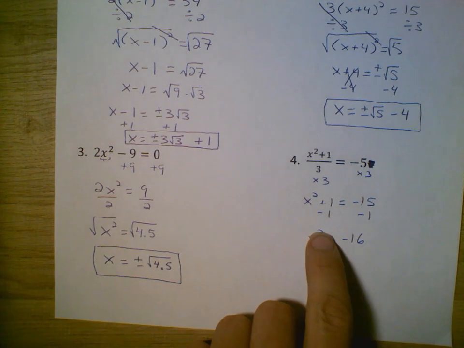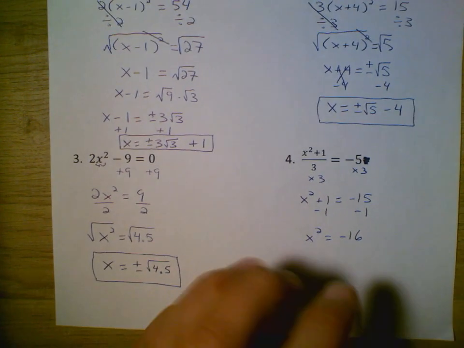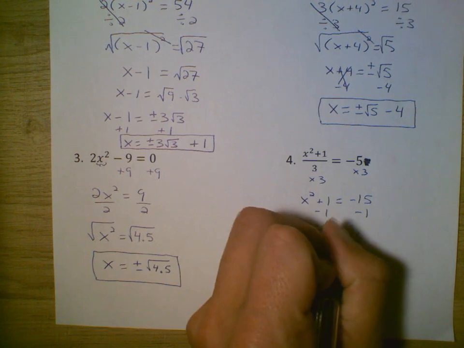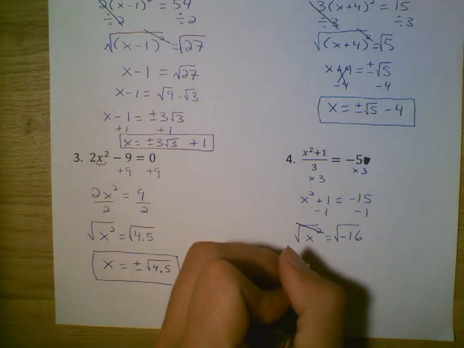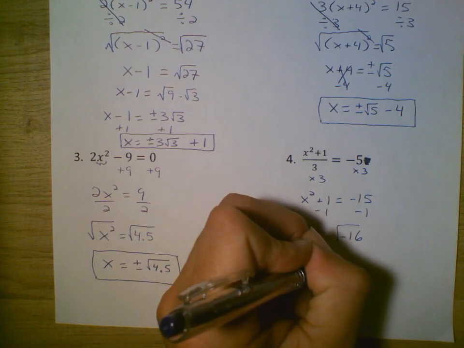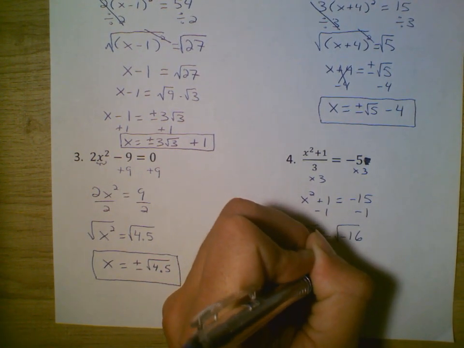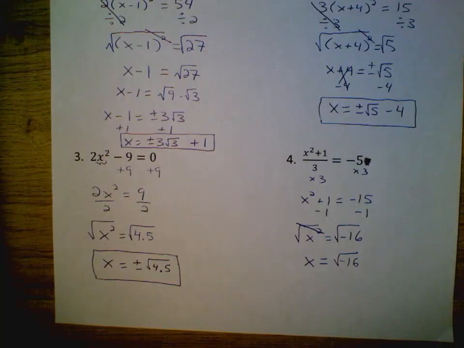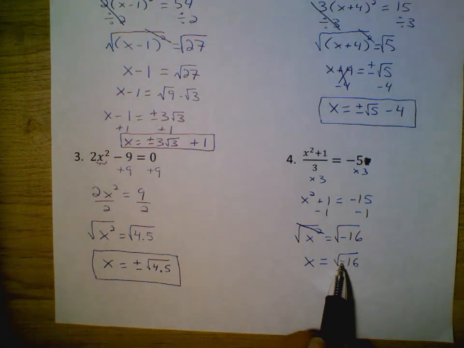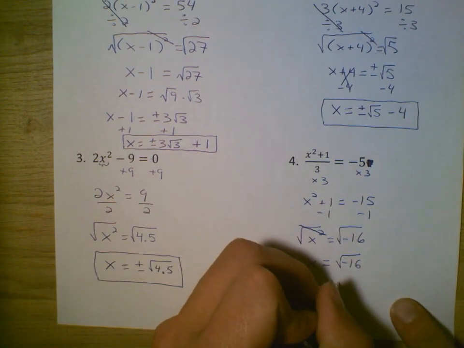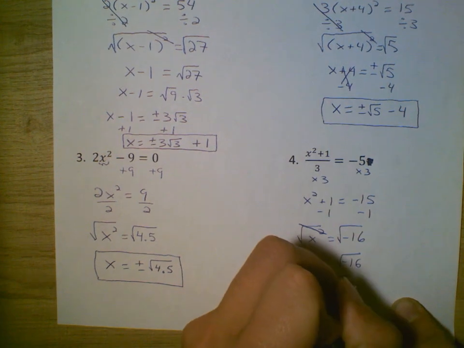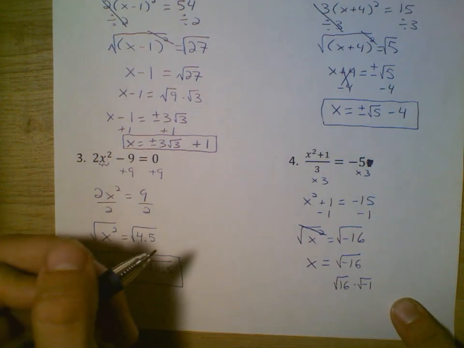Well, if x squared equals negative 16, I can just take the square root of both sides. The square root and squares will cancel, and I'll get x equals the square root of negative 16. Now, the square root of negative 16 is an imaginary number, right? Because it's got this negative. So I need to do a little bit of simplifying here. I can rewrite this as the square root of 16 times the square root of negative 1.